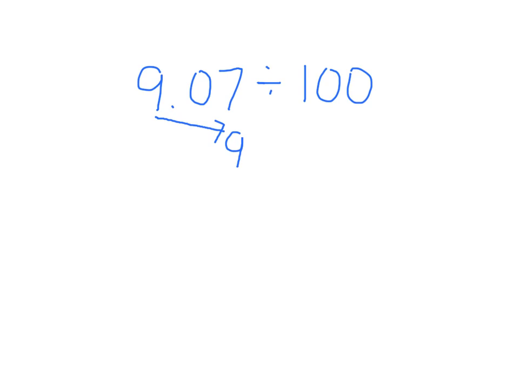The 0 gets shifted 2 places over. The 7 gets shifted. And we need a placeholder here so that 9 is worth hundredths. So our answer is 0.0907, or 907 ten-thousandths.